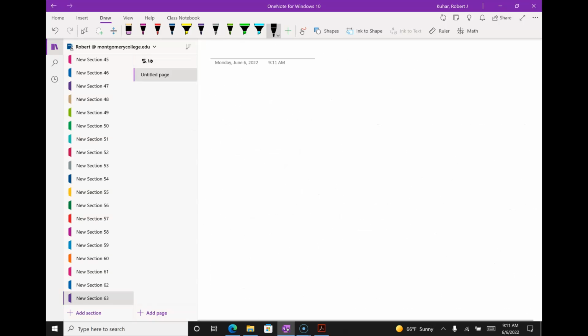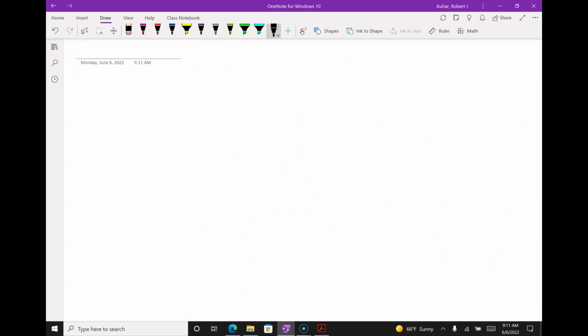Okay, here we go. First problem. I've got the integral from 0 to 3 of 1 over square root of 9 minus x squared dx.